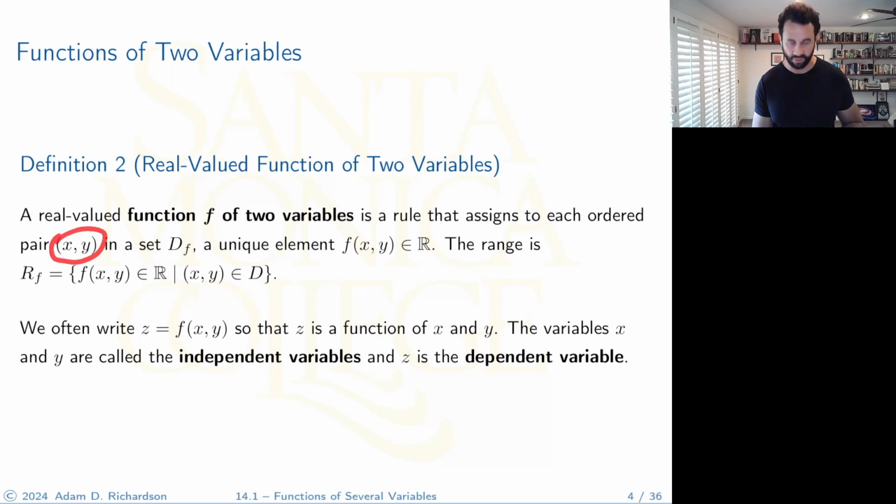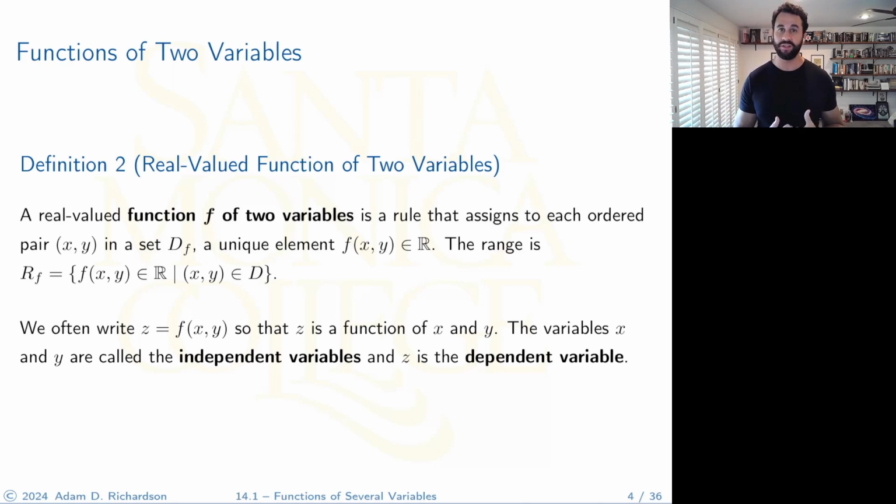Now we're taking these ordered pairs, these points in our domain, and we map each point to some real number output. The range is the set of all of these outputs. We often write z equals f of x, y, so that z is a function of x and y. The variables x and y are both called independent variables, and z is what we call the dependent variable.